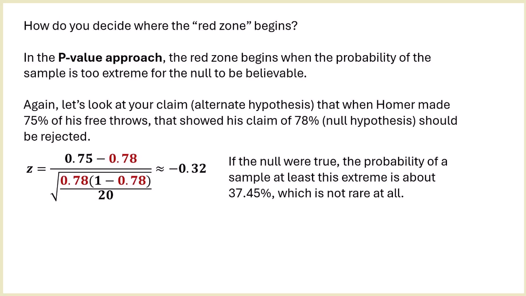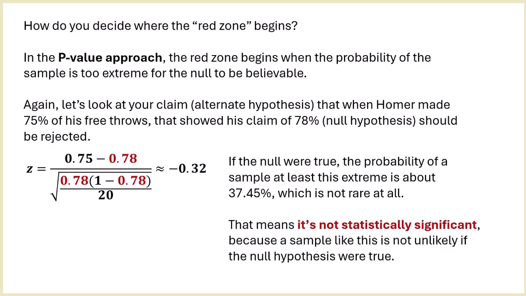That means we could hit out there in that tail, if you will, 37.5% of the time, assuming his claim is true. That's not rare at all. That's nearly 40% of the time we could expect to land out there just by chance, just by the randomness of the sample. Is that enough evidence to reject the null? Nope. It's not statistically significant.